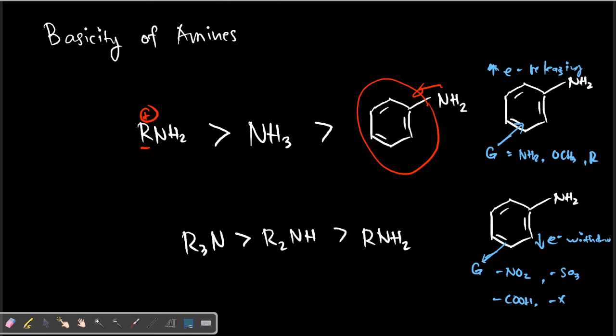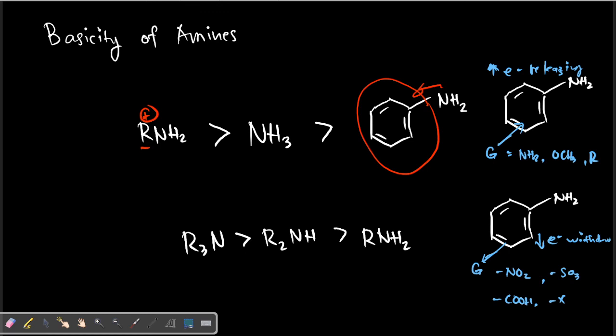And in that, we discussed that aliphatic amines are more basic than our ammonia and our aromatic amines. And as for the aliphatic amines, we have here this arrangement or order of basicity. The most basic is our tertiary, next is our secondary, and next is our primary.